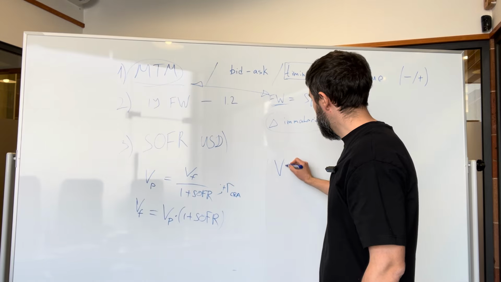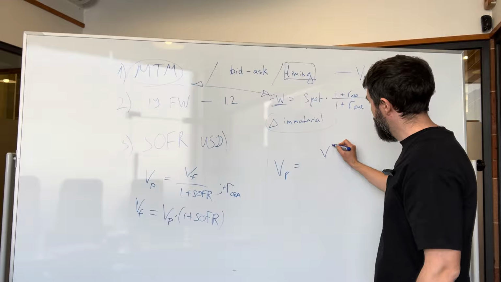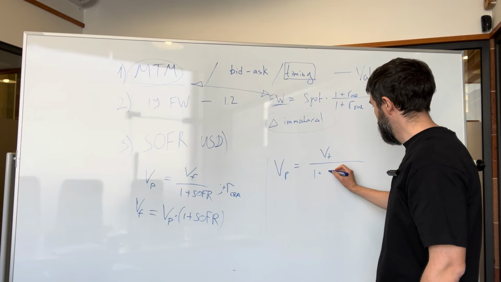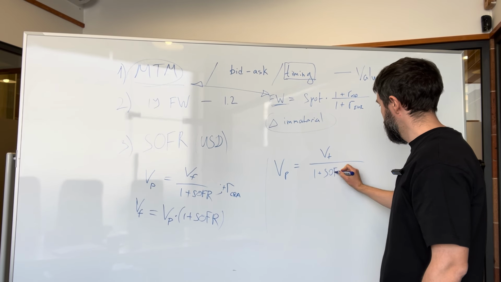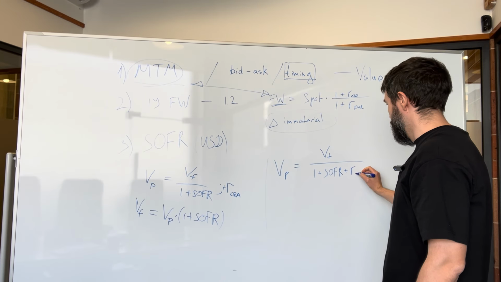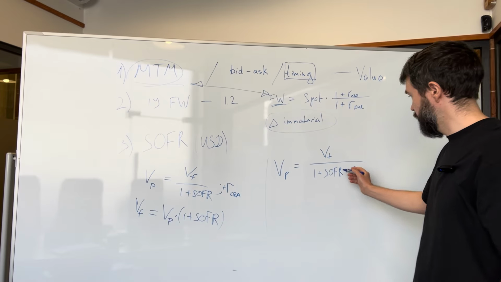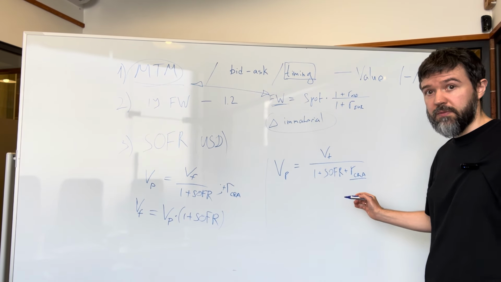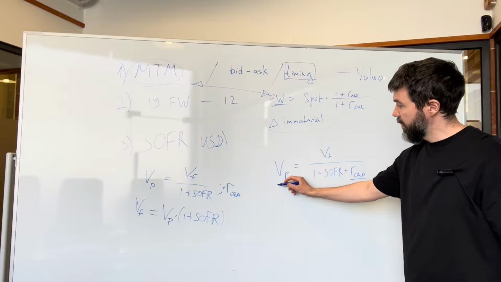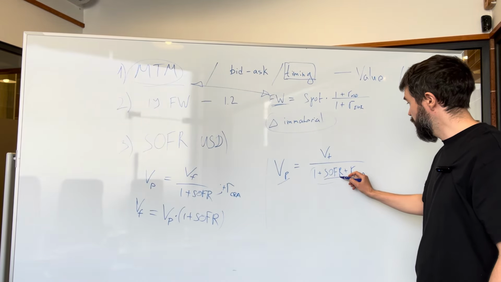You need to have your present value calculated as future value divided by 1 plus SOFR plus the credit rate adjustment, so your premium for the risk. You know SOFR.